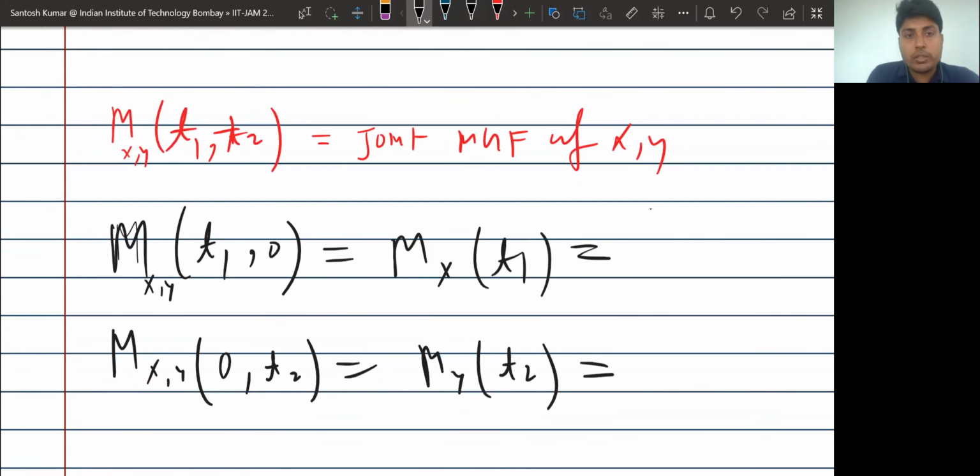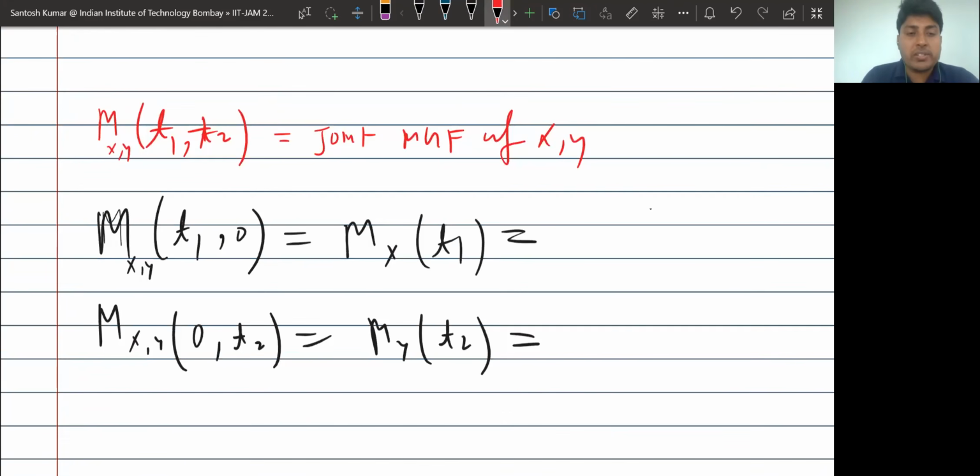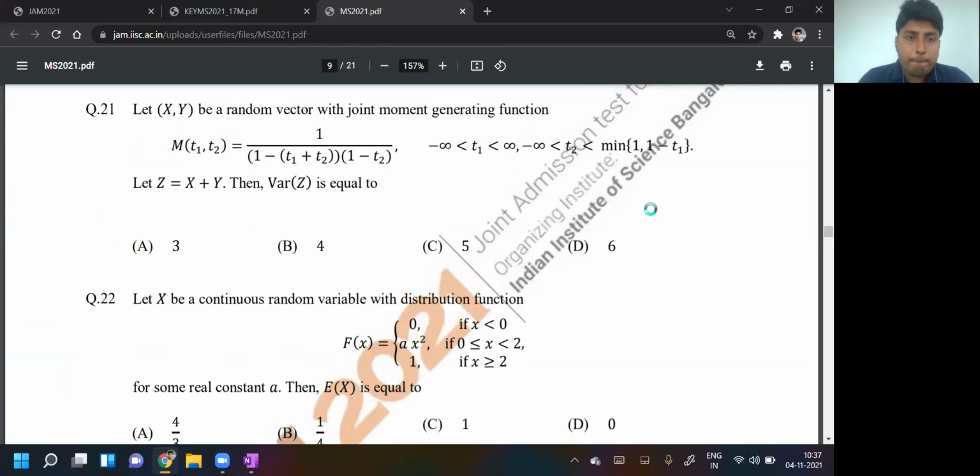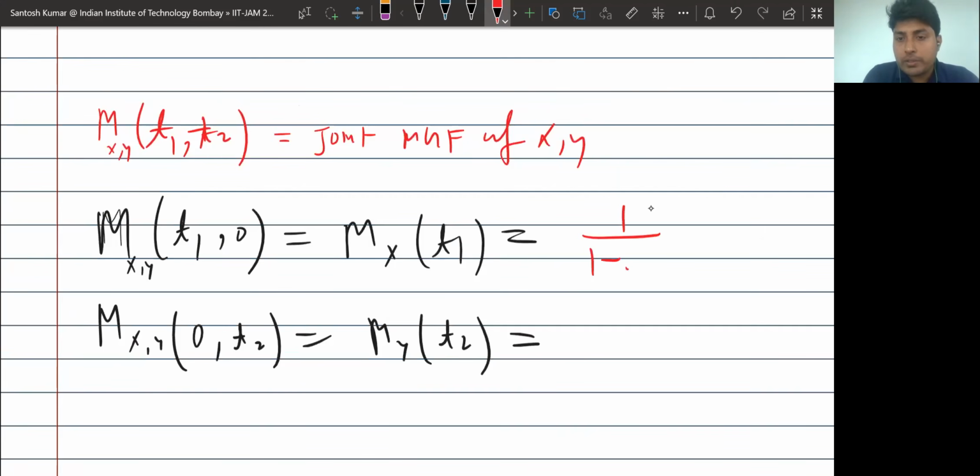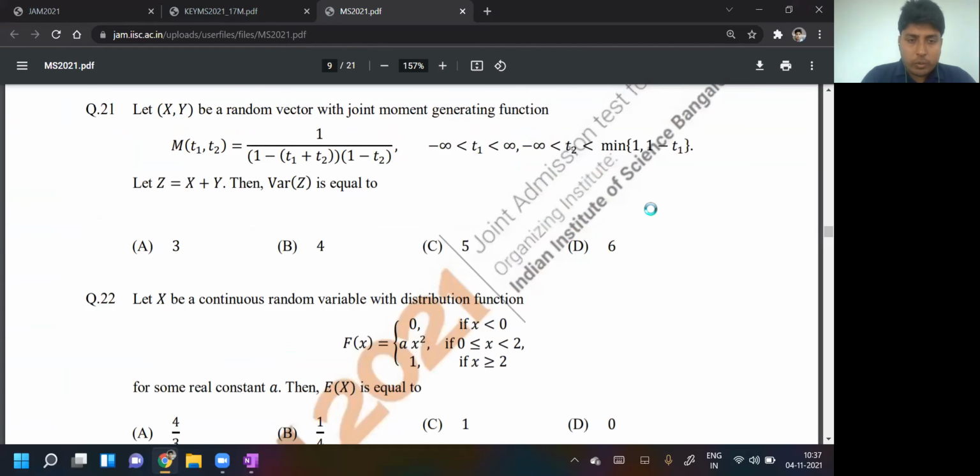So if you use this concept, in the given joint MGF we replace t2 as 0. So when we replace t2 as 0, we'll get 1 upon 1 minus t1, and when we put t1 as 0, it's 1 upon 1 minus t2 whole square.